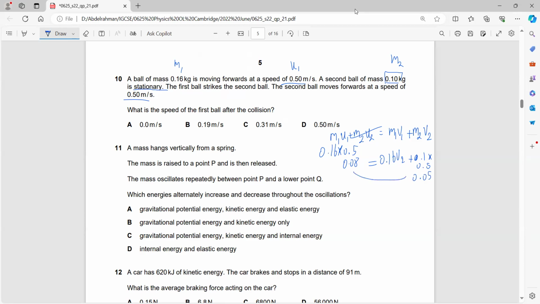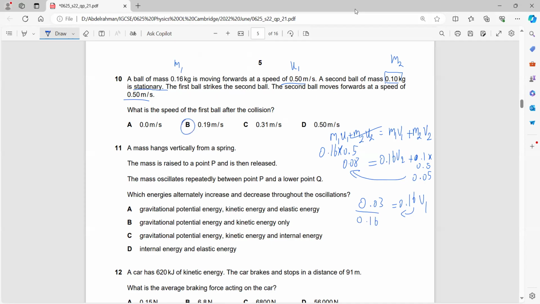This will go to the other side. Subtract it: 0.08 minus 0.05. So this would be 0.03 equals 0.16 V1. When you divide, you get 0.1875.